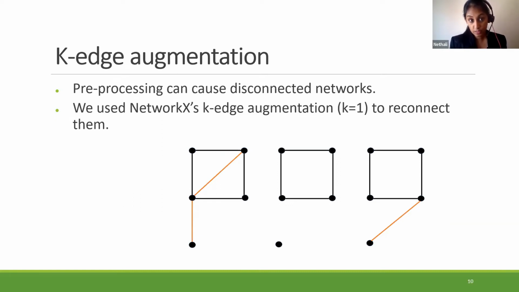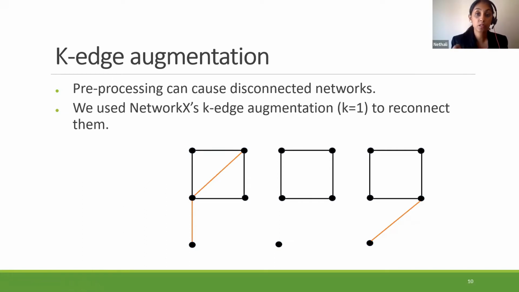So again, coming from NetworkX, there is a function called k-edge augmentation, and the k value that we use is 1. What we basically do with this is make sure that in case our network gets disconnected, as shown in this picture, if we remove this one link, now our matrix is disconnected, but with k equals 1, we just reconnect this network.